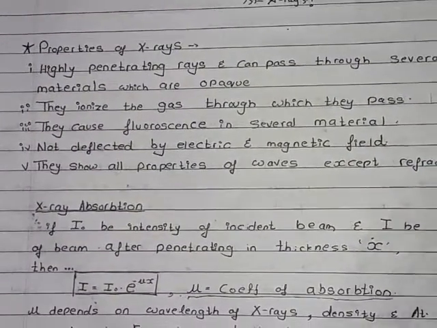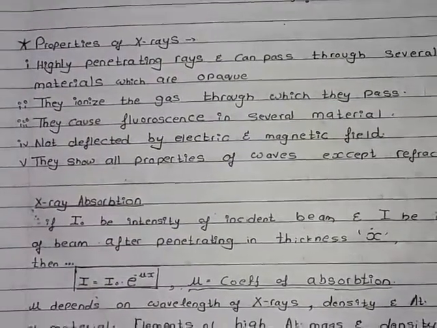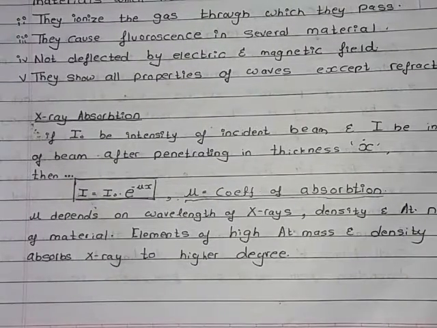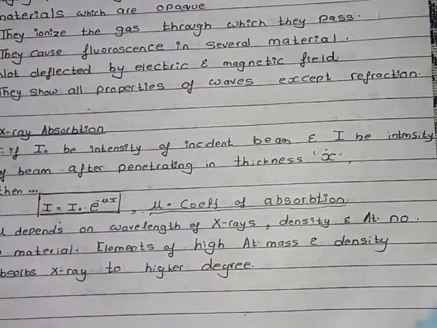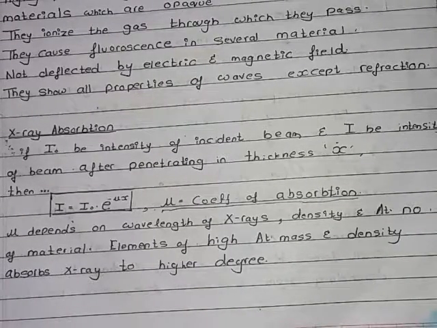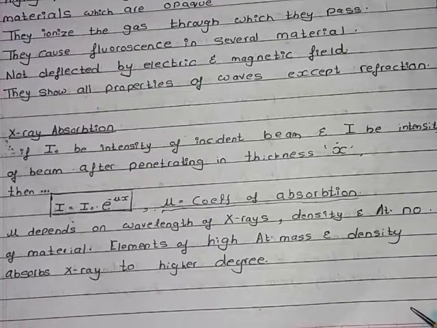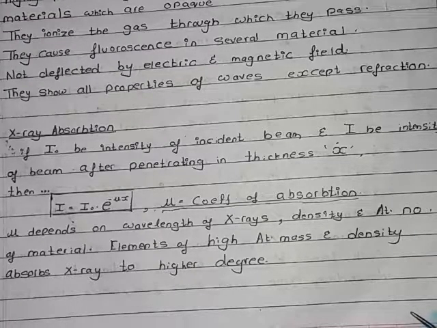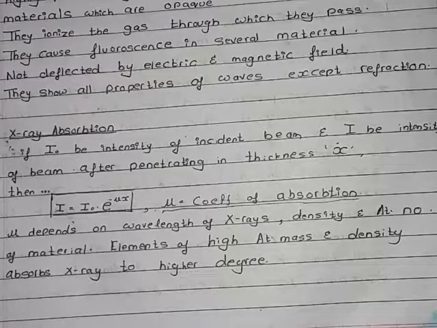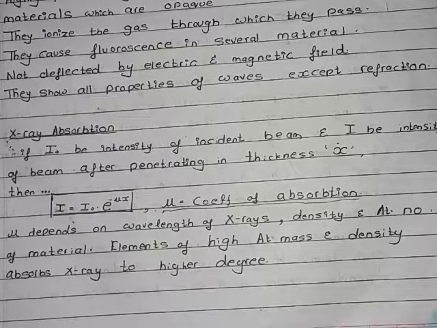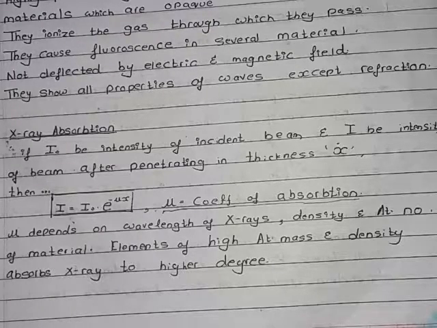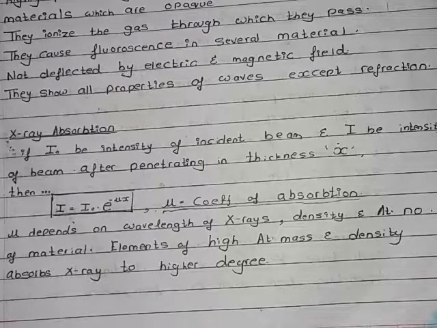Now, X-ray absorption. What's this all about? Let's see. If I naught is the intensity of the incident beam and I is the intensity of the beam after penetrating a thickness x, then I equals I naught times e to the power minus nu x. What's that? I naught is the original intensity of the incident beam, and I is the final intensity when it has penetrated a material of thickness x, where nu is the coefficient of absorption, which depends on the metal.